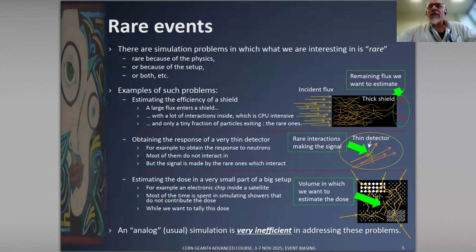You will have a lot of interactions, but only very few tracks which will cross the volume. So again, your simulation will be very inefficient, because the target, the small red volume, will have only very few particles going through, while this is the most critical part you are interested in. So the so-called analog simulation, that is the standard one, is very inefficient to address these problems.